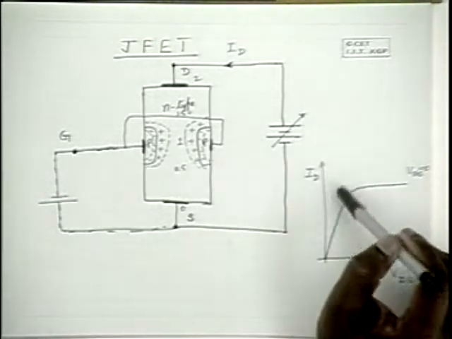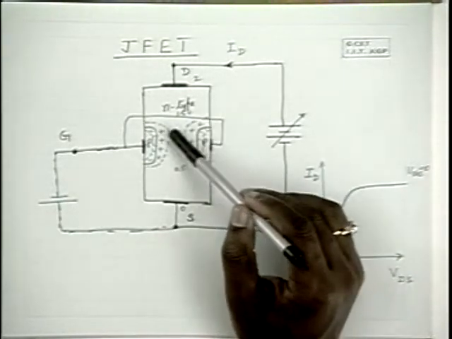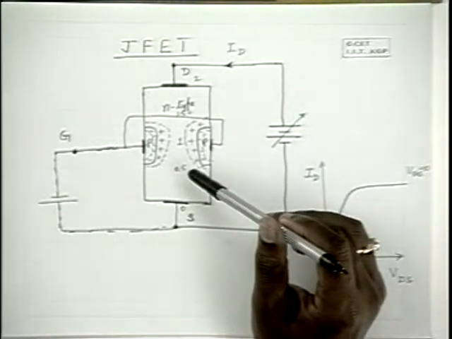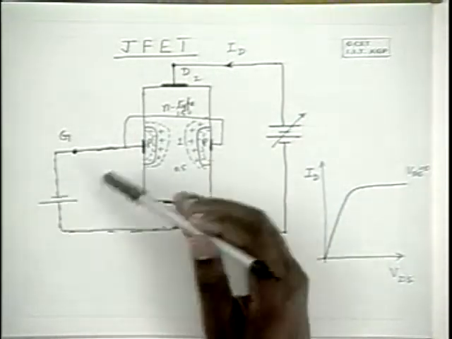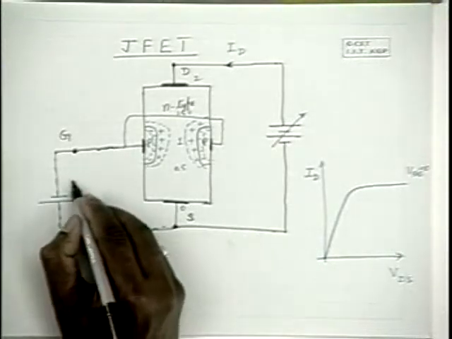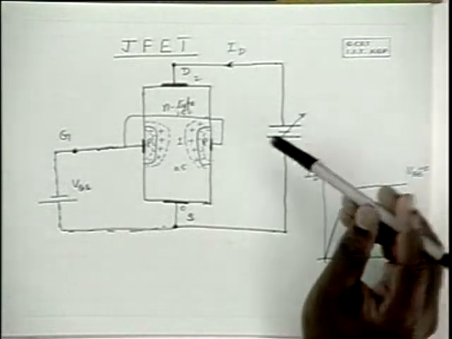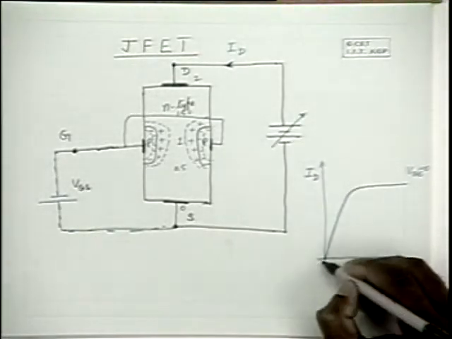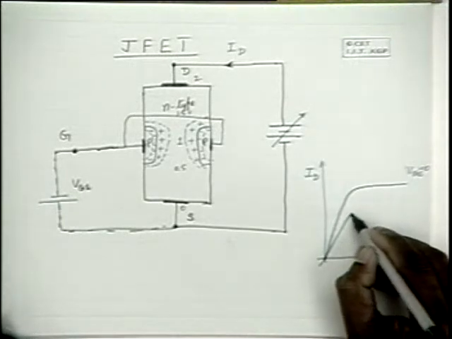Therefore, even almost at 0 voltage itself, the resistance is larger than when the gate to source potential VGS is 0.